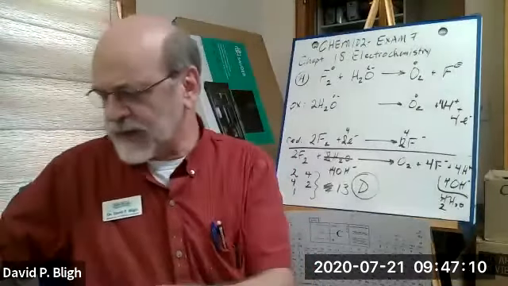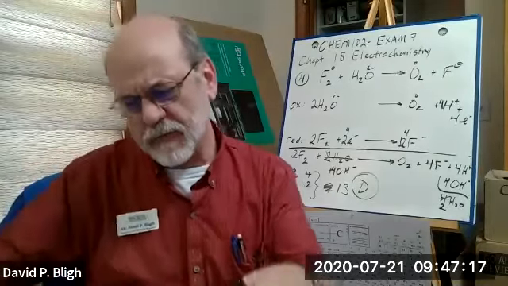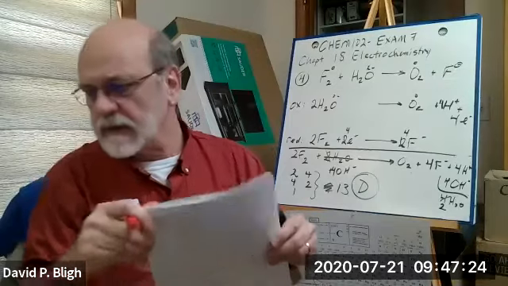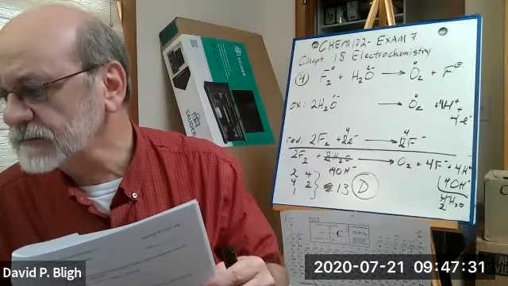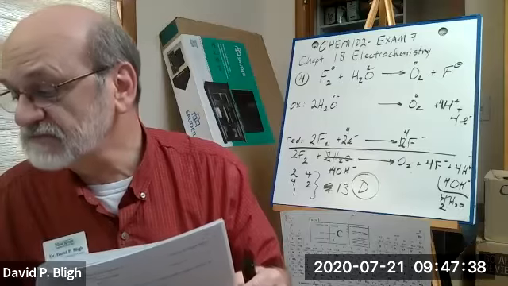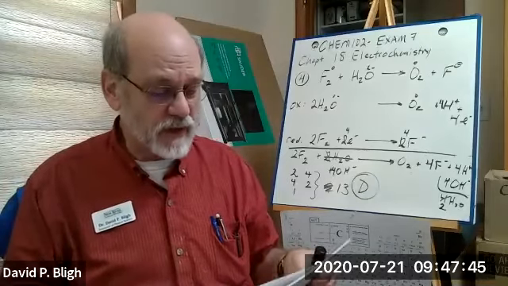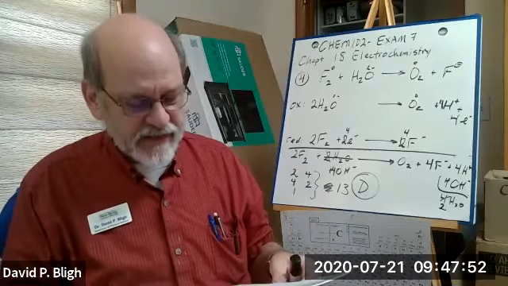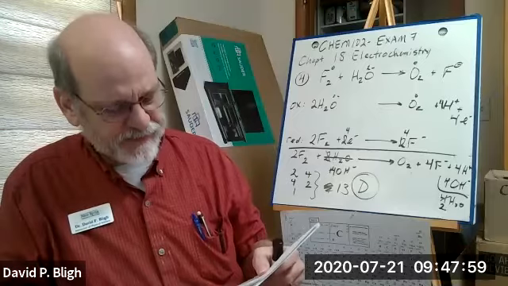Okay, so that's the first page. Let's see if we've already done one like... we could do number 5, but maybe we're going to hold that one because it's just another case of balancing equations in basic solution. 6 is an acidic solution. 7.